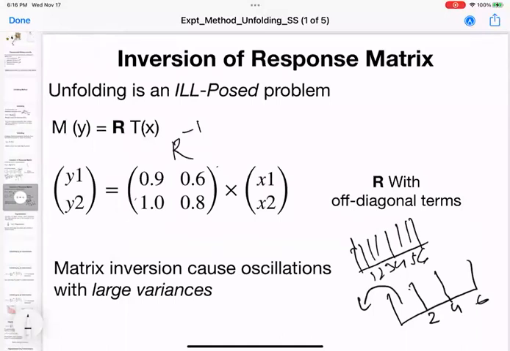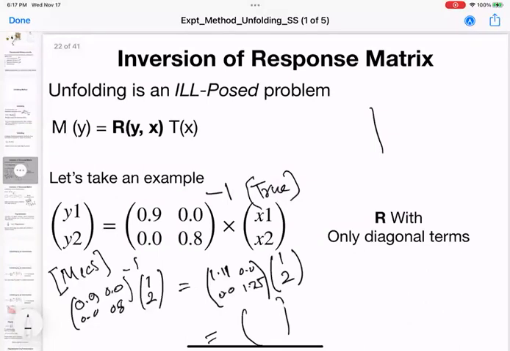Yeah, what's exactly your question? Maybe I didn't get it. You have x1, x2, and I have y1, y2. For a given y1, y2, will the R be different? Where are the oscillations? If we go to the previous slide, this is a very simple example where you have only the diagonal elements.